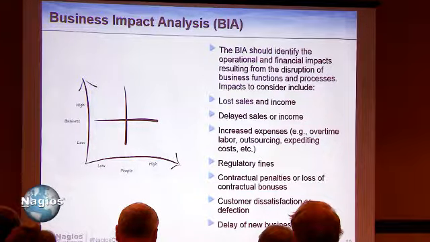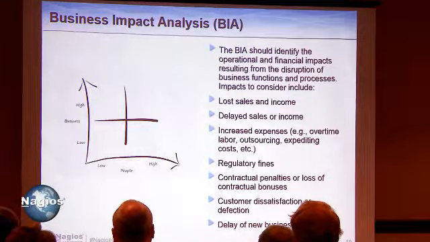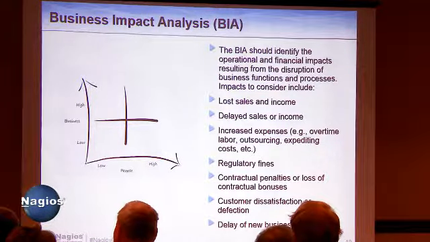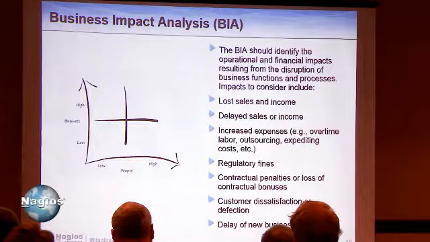Lost sales, delayed sales increase because the mail server is down. I have lost sales, I don't have communications inside or outside. Penalties and customer disaffection because we don't comply with the times.